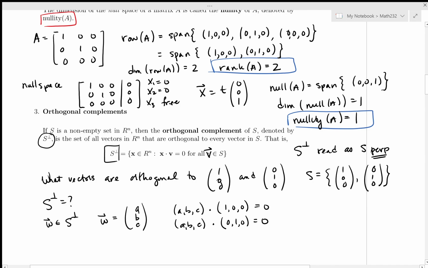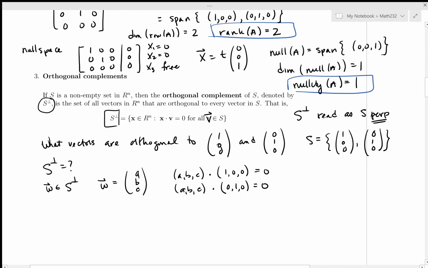So what values of a, b, and c will make this true? This one tells me that a has to be equal to 0. This one tells me that b has to be equal to 0. And then there's no constraint on c. c can be anything.